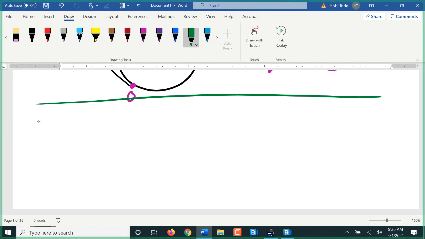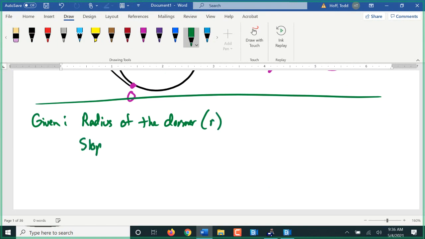But if we know or are given the radius of the dormer, remember that's R, and the slope of the main roof. Now remember, we're not using S for slope here, we're using N for slope.